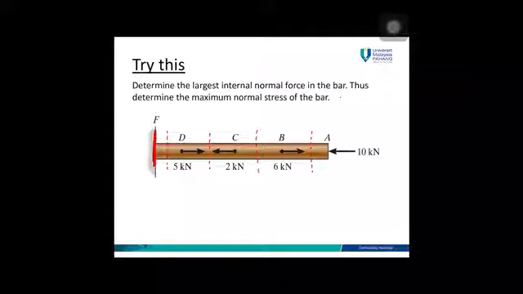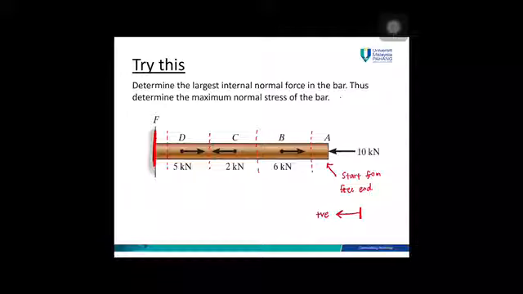Since at point F is connected, then you need to start from A. You need to start from free end if you have another end is connected. Start from A and then follow the sign convention. If you start from the right, everything should go to the left. Positive.